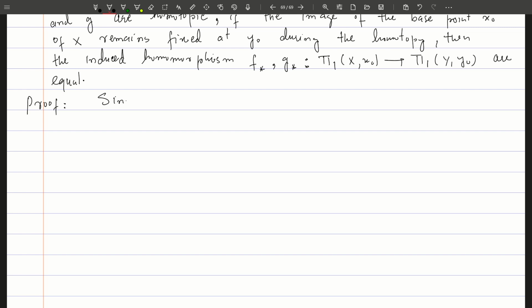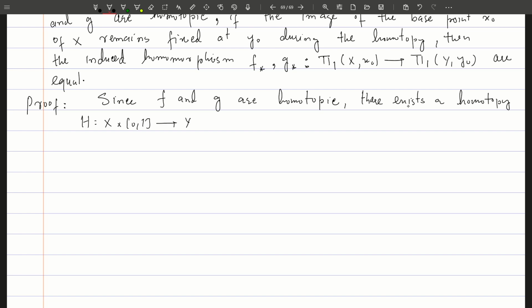Since f and g are homotopic, there exists a homotopy, say H, from X cross the interval 0 1 to Y, such that H of (x, 0) is f of x, and H of (x, 1) is g of x for all x in X.